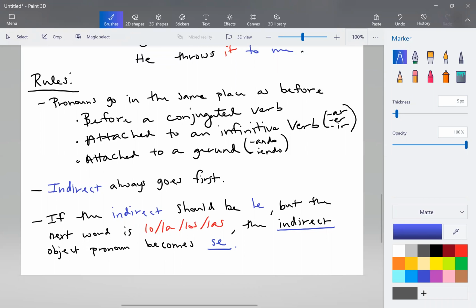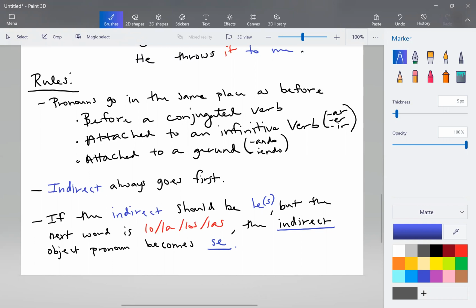So we're going to do a lot of examples right now to make sure that this is totally clear. But does anybody have any questions so far? Say you attached it to an infinitive verb or a gerund, would you have to change it to se still? Yes, good question.